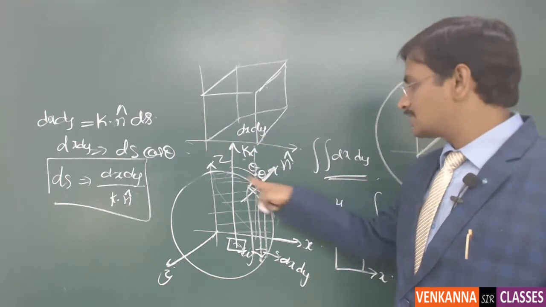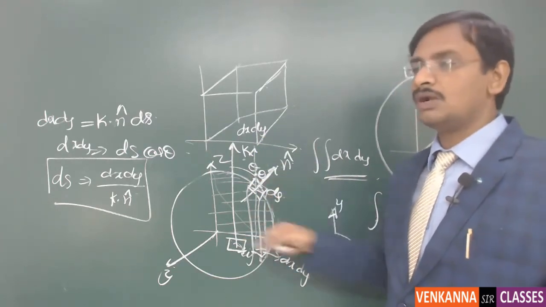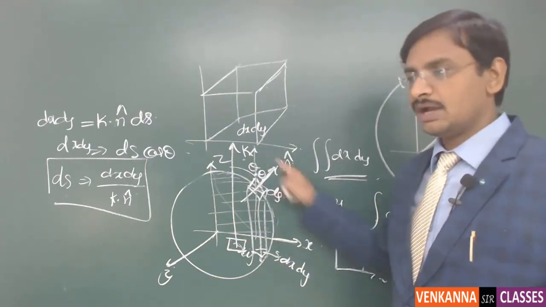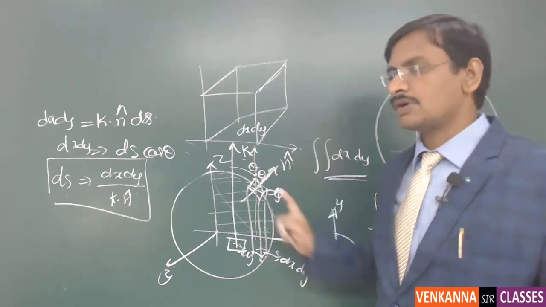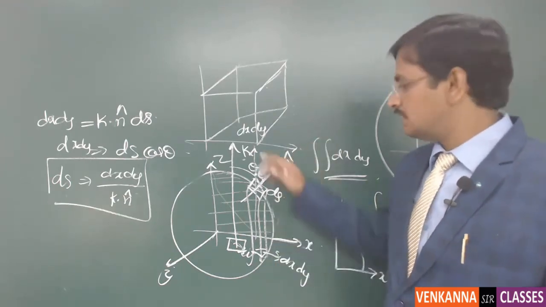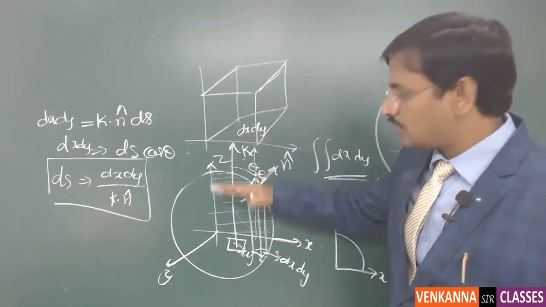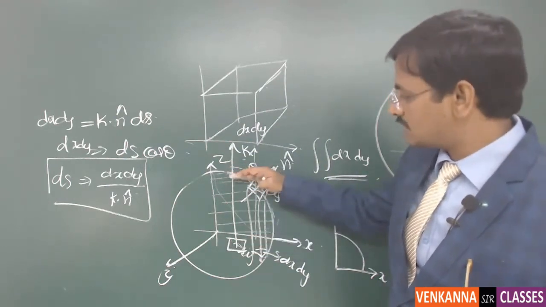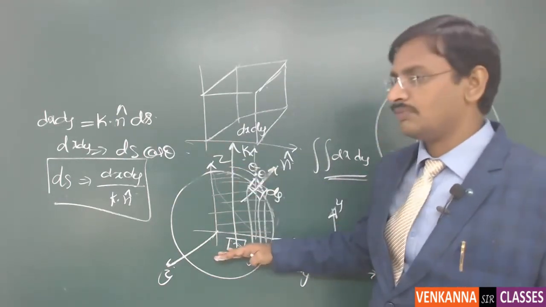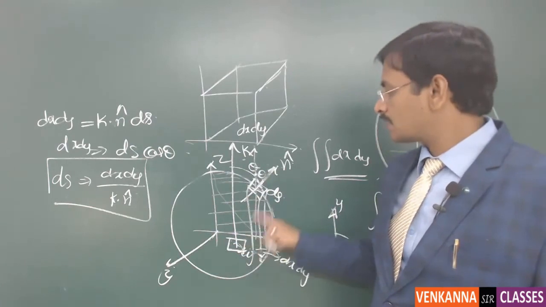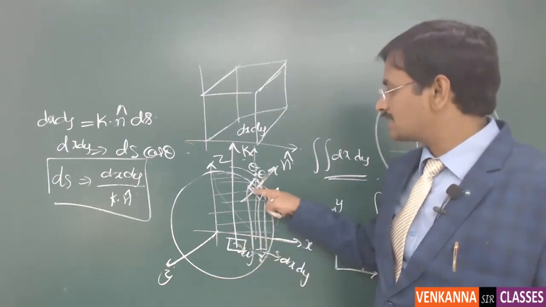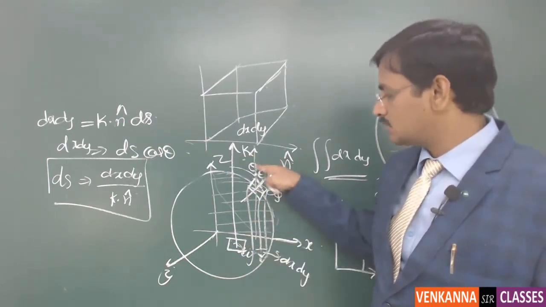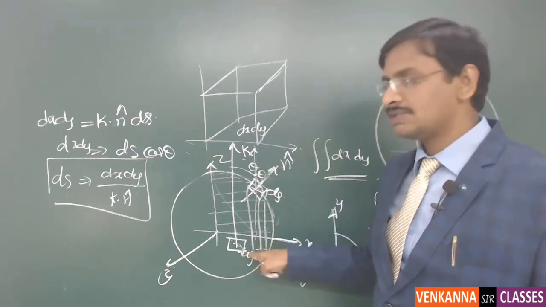But here this surface is not parallel to any of the standard coordinate planes. So this is a curved surface. For all kinds of curved surface, this is the only methodology. You will be projecting only onto a known plane. So this curved surface area you projected onto the xy plane, and then the dot product ds cos theta, or ds into n cap dot k cap, is going to be exactly equal to dx dy.